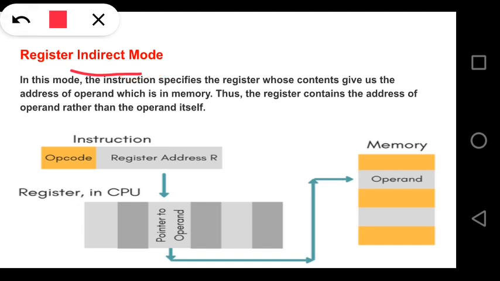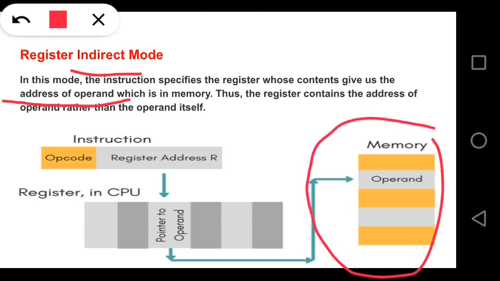So in this mode, the instruction specifies the register whose contents give us the address of the operand. This is important: the address of the operand, which is in memory. So the actual location of the operand is in memory.